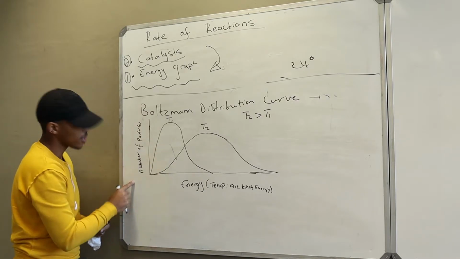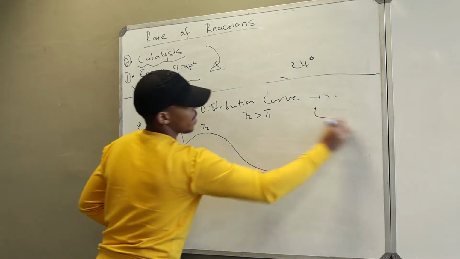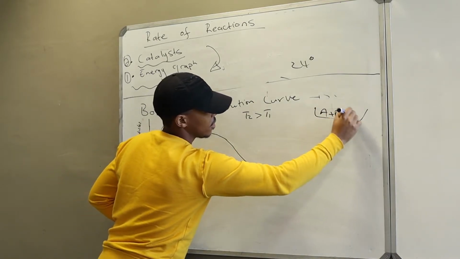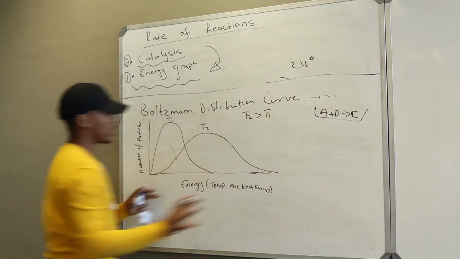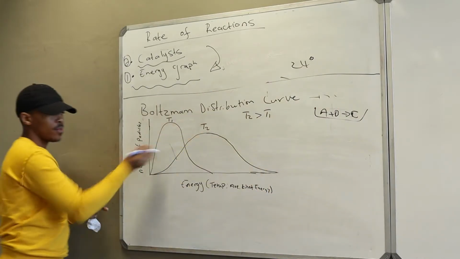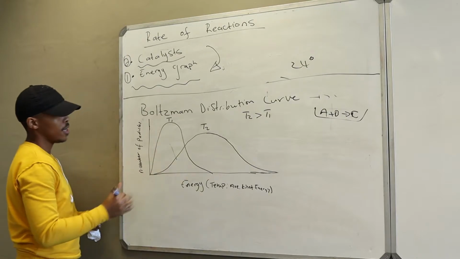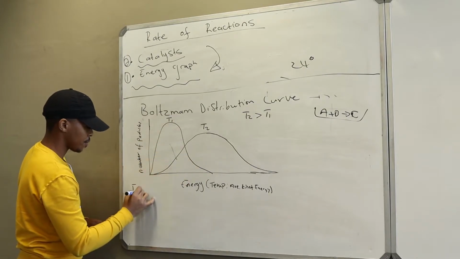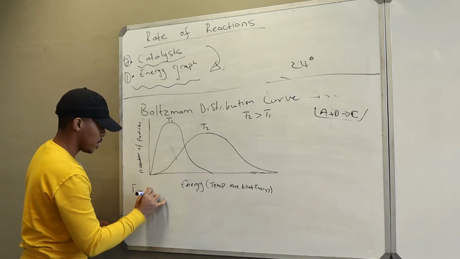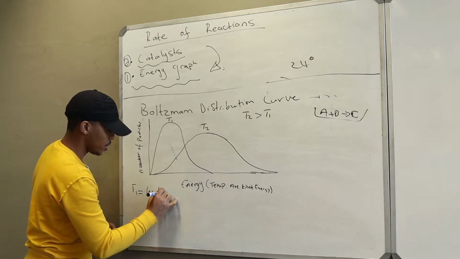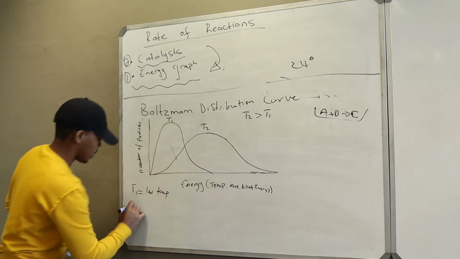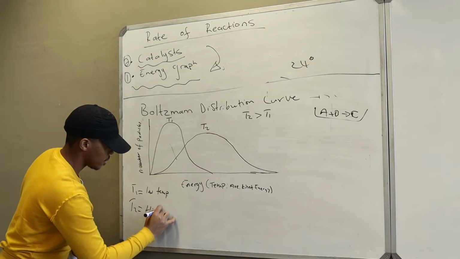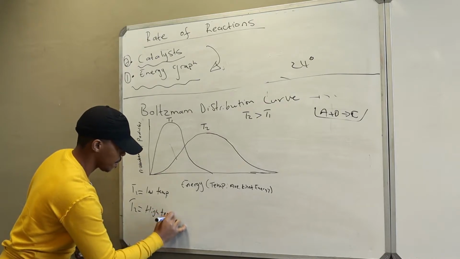So the amount of particles in a reaction stays the same. You have a reaction, A plus B takes you to C, so the amount of particles doesn't change. Temperature doesn't change the amount of particles in a reaction. T1 is low temperature, and T2 is high temperature.